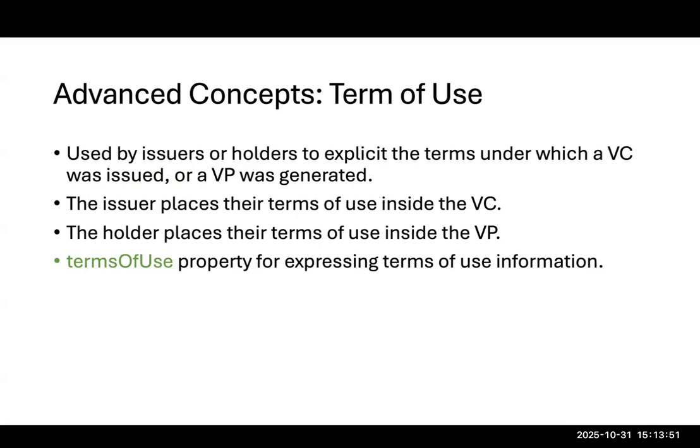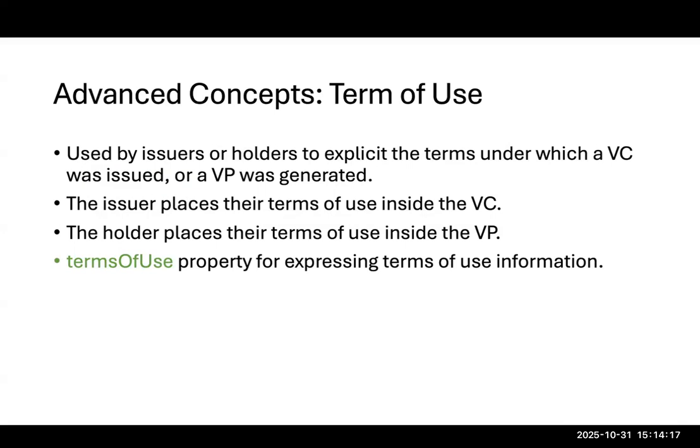Another property can be terms of use. Essentially it is the way the issuer and holder can make explicit the terms under which a verifiable credential was issued or a verifiable presentation generated by the holder.